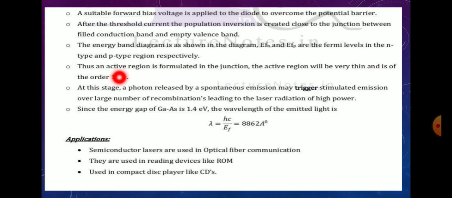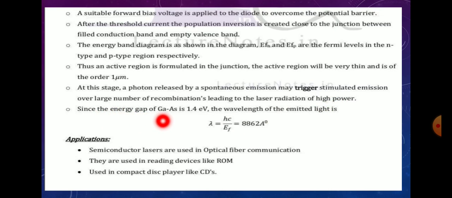Thus an active region is formed in the junction. The active region is very thin, of the order of 1 micrometer. At this stage, photons released by spontaneous emission trigger stimulated emission over a large number of recombinations, leading to laser radiation of high power.